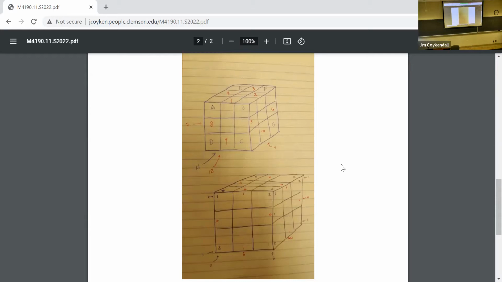Okay, what does the top do to the corners? Where does A go? Which goes to F, right? Which goes to B. Correct. And now what happens when you turn the right side clockwise? Think about clockwise for a minute.